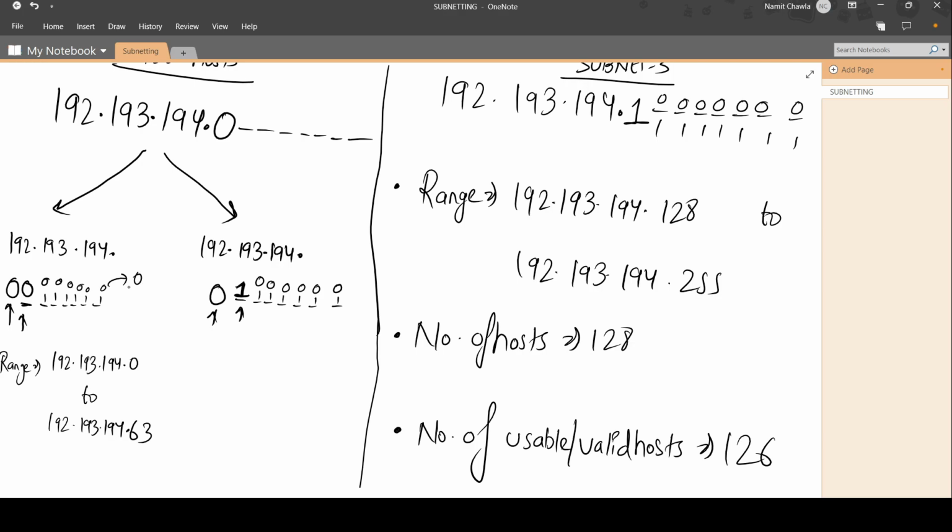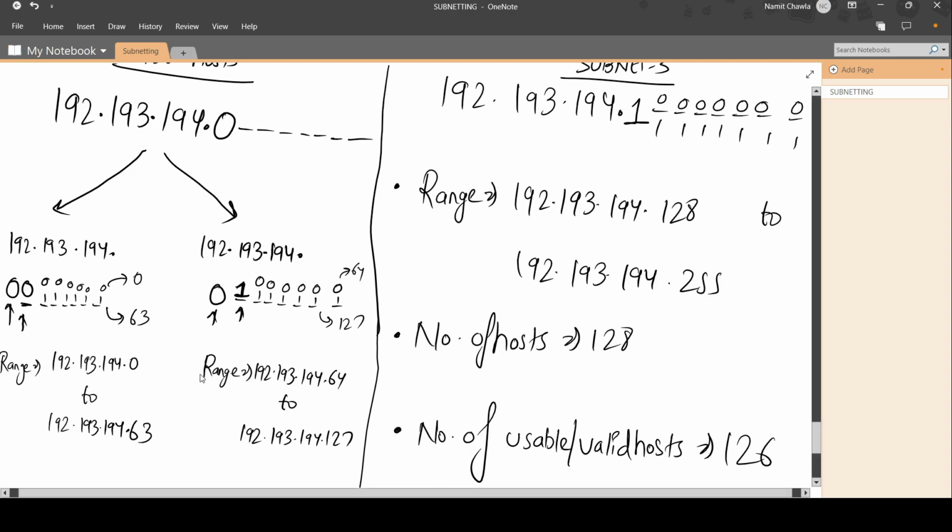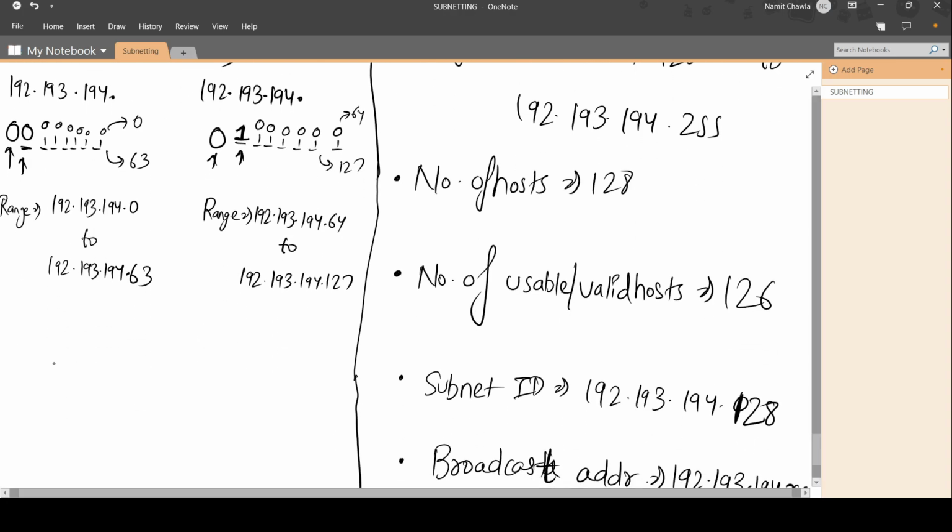This one will be 0, this one will be 63, this one will be 64, this one will be 127. So over here the range will be 192.193.194.64 to 192.193.194.127. After the range, you are going to talk about the number of hosts.